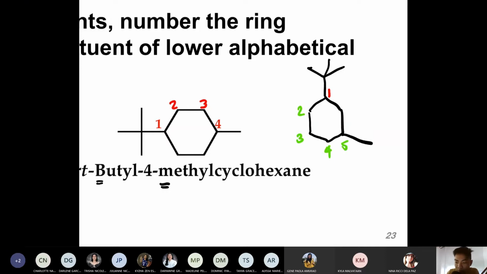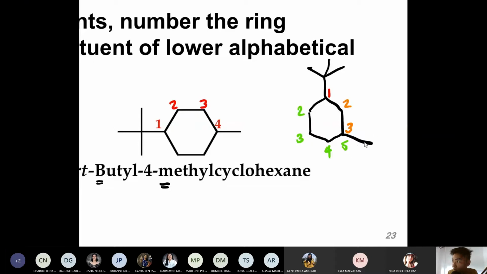So, ano yung susundin dito? Okay. So, for example, this is your first carbon, di ba? Okay. So, we assigned number 1 for this tert-butyl because of alphabetical order, no? Siya yung may lowest alphabetical order, letter B kasi. So, siya talaga may una.